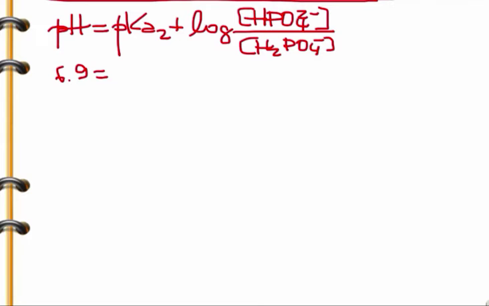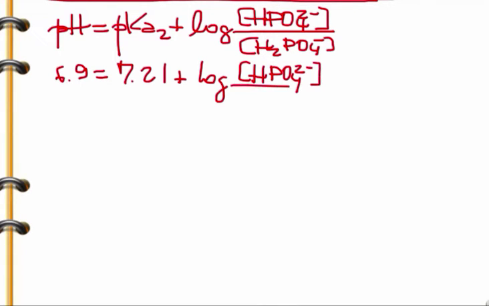Plugging in the numbers, we know the pH is 6.9 and the pKa is 7.21, so we have the log of the concentration of HPO4 2 minus over the concentration of H2PO4 minus. Now we know the ratio based on the antilog.